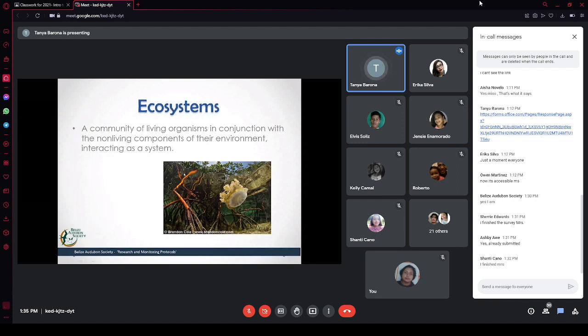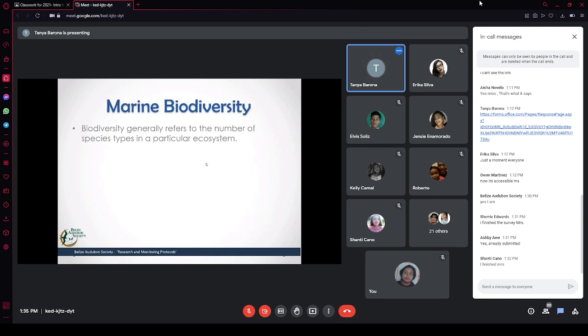We know that they are a community of living organisms in conjunction with the non-living component of the environment, and they function as one unique system. When we talk about marine biodiversity, we're talking about the number of species or species types within a particular ecosystem.